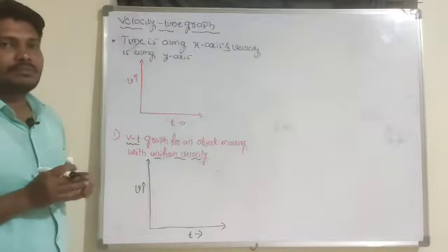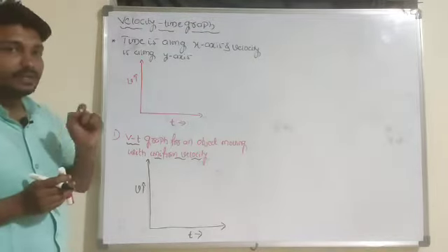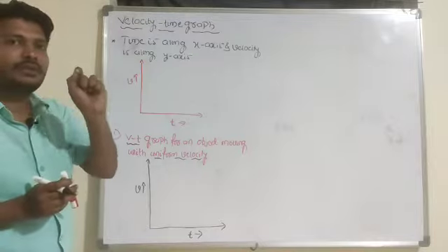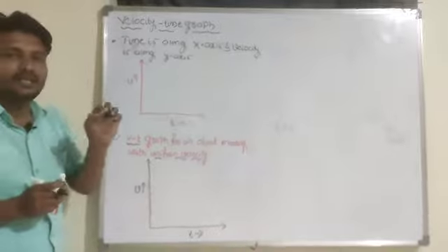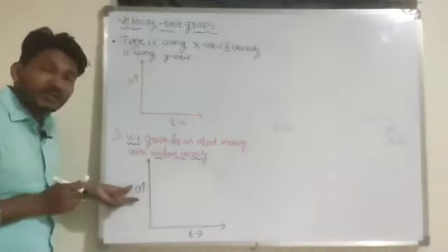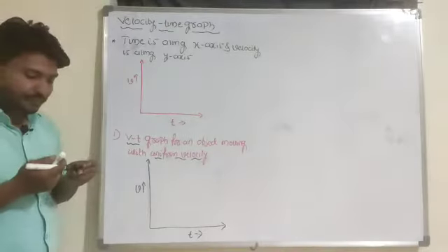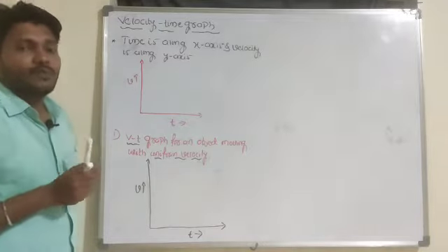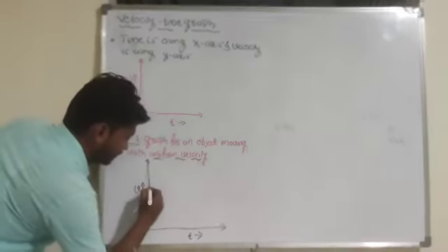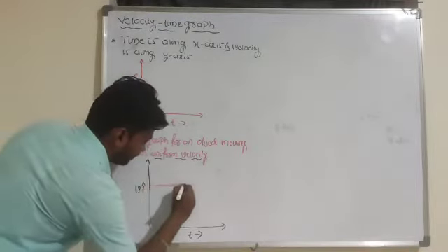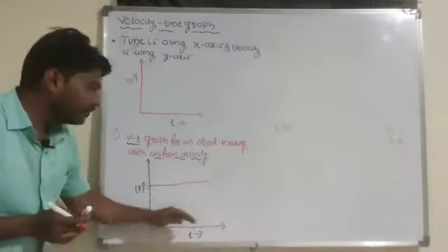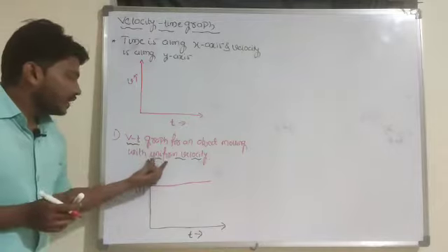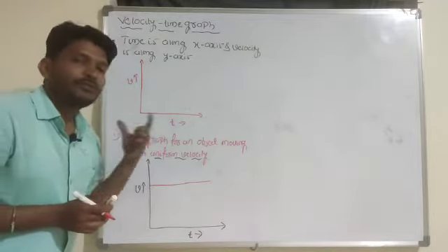If the object is moving with uniform velocity, the velocity remains the same, it is constant, so the y coordinate value should not change as time passes. So this is the nature of the graph: a straight line parallel to the x-axis when the object is moving with uniform velocity.